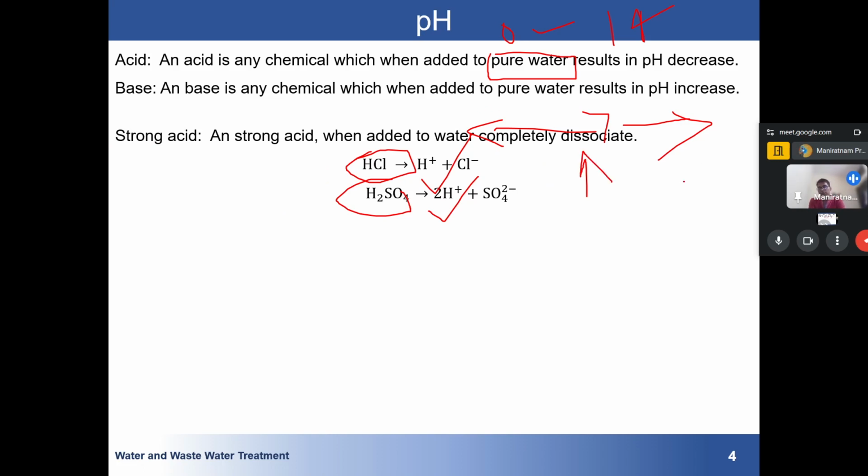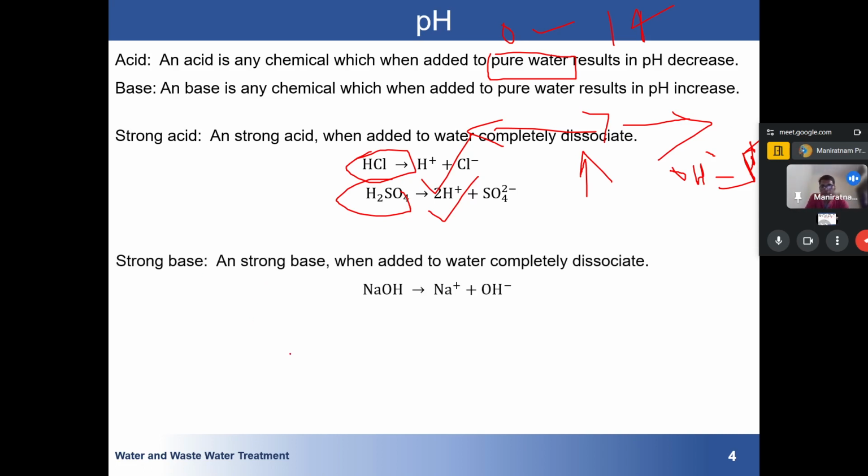In pure water, we know that the concentration of OH- is equal to the concentration of H+. When we add acid, it increases the H+ concentration. Similarly, when base is added, it increases the OH- concentration.